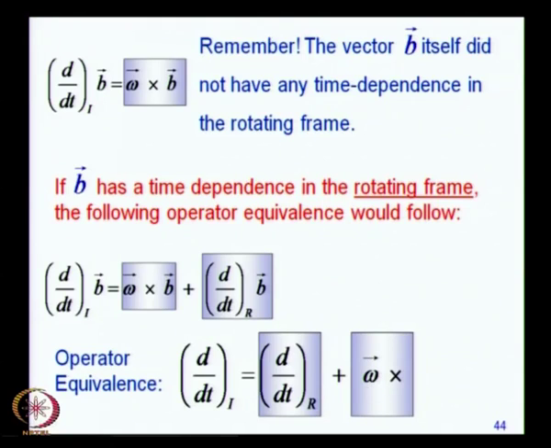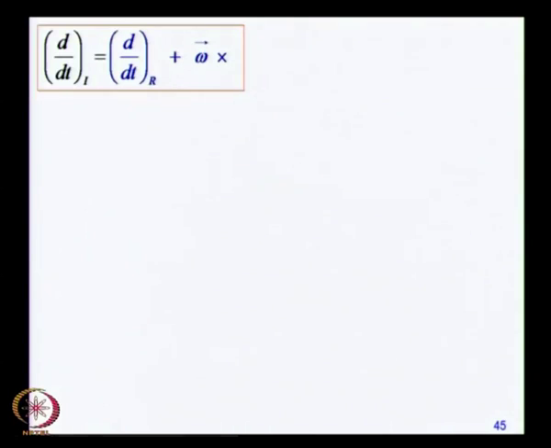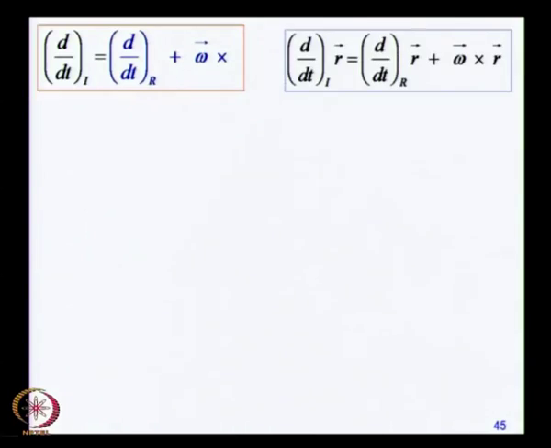So, the left hand side is an operator, the right hand side is also an operator, and either the one on the left or on the right would operate on an operand to give the corresponding equivalence. The operand could be any arbitrary vector. So, this is our operator equivalence.